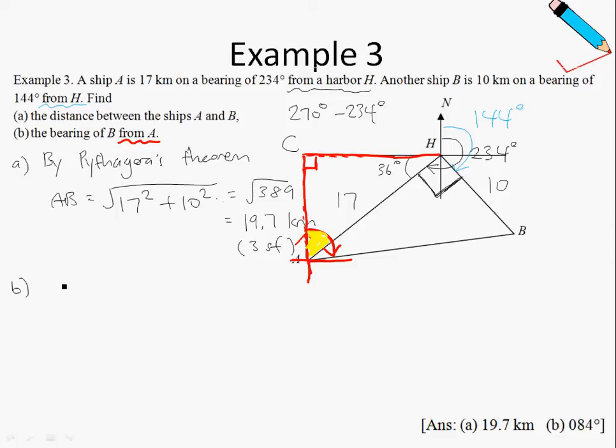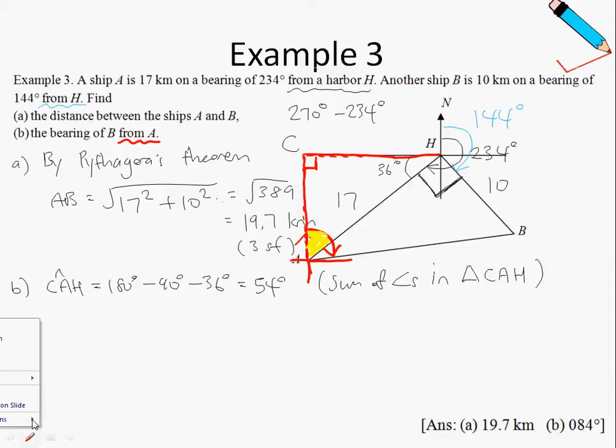To find angle CAH, I'll take 180 degrees minus 90 degrees minus 36 degrees. This will give me 54 degrees, using the sum of angles in triangle CAH. So I found the yellow angle.